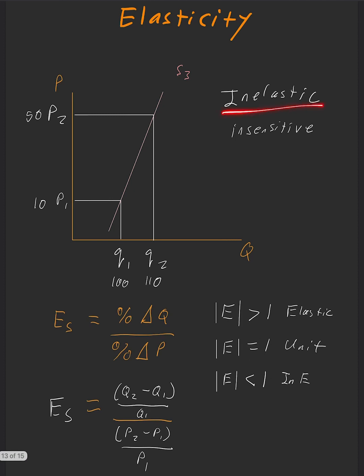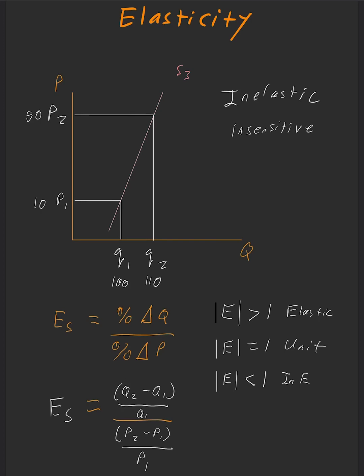Now, inelastic means we are insensitive to the price. That means a big change in price might lead to a small change in quantity, and the more inelastic we are, the closer the line becomes to vertical. So what might be some examples of inelastic demand? A good example will be things that we're addicted to or things that we absolutely have to have.